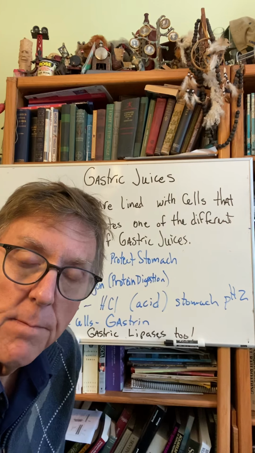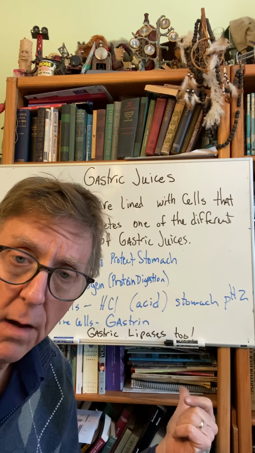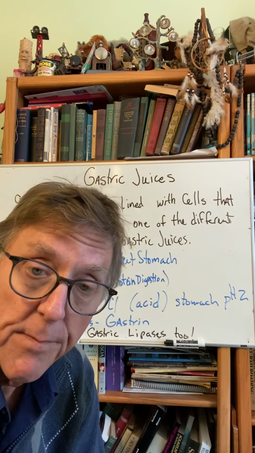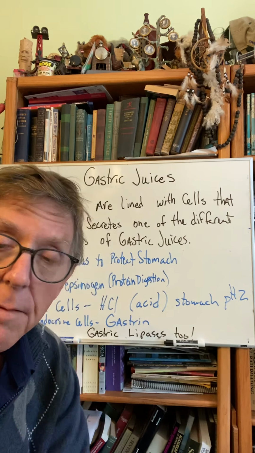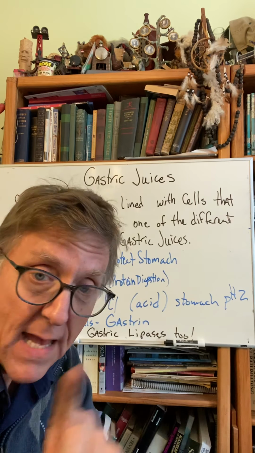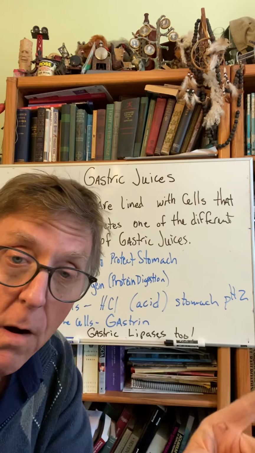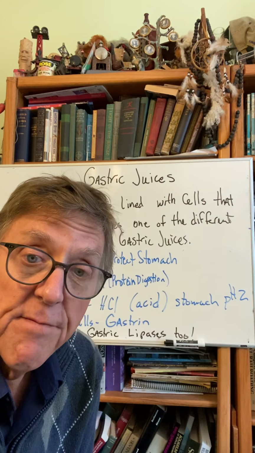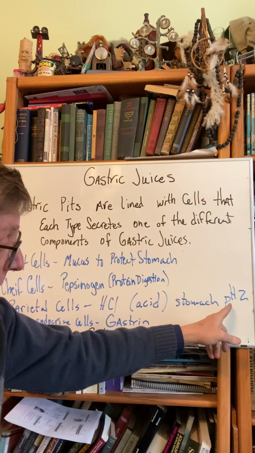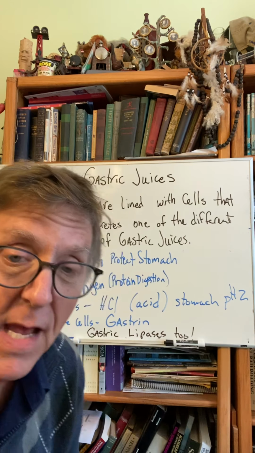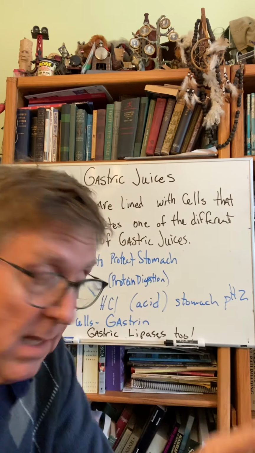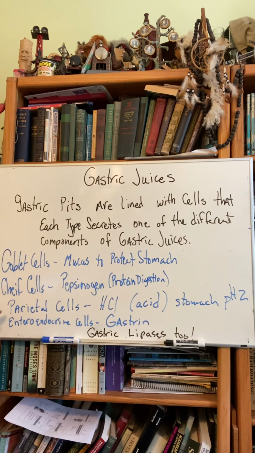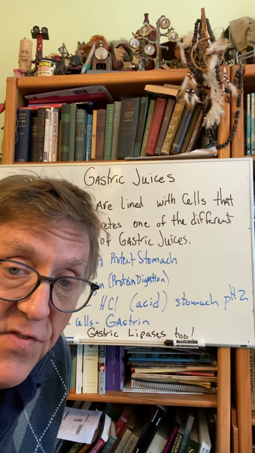Now, wait a minute. I said chief cells secrete pepsinogen. That's where the acid comes in. You may be aware that your stomach has a very low pH. The pH of your stomach is 2. That's very acidic. Now, why is it so acidic? It's because we have another kind of cell, a parietal cell, that secretes hydrochloric acid.